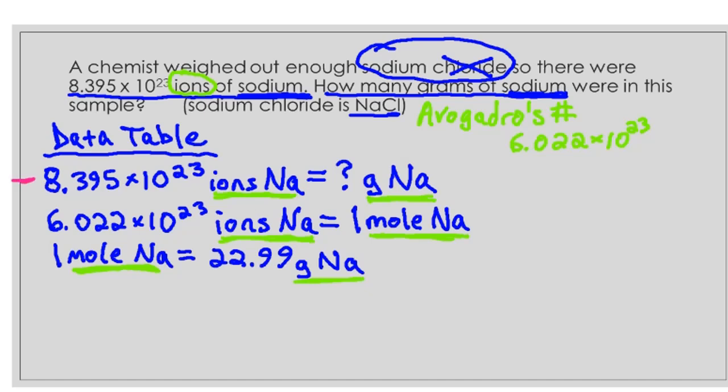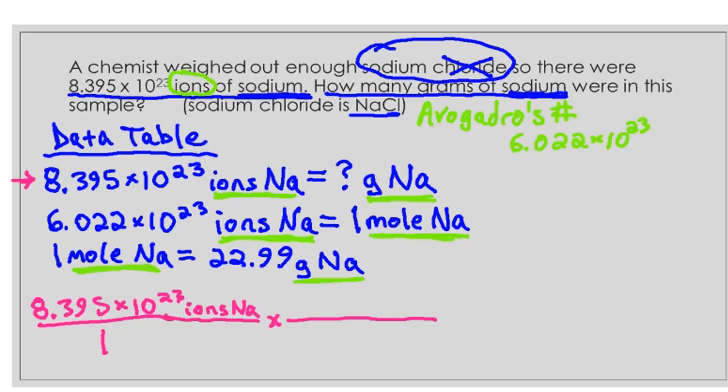So of course we start at the question mark statement. So 8.395 times 10 to the 23rd over 1, and this is ions of sodium, multiply sign, fraction bar.